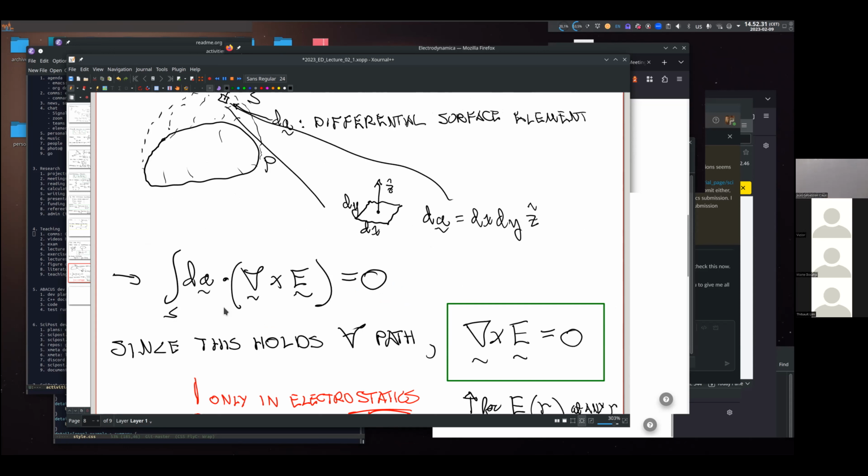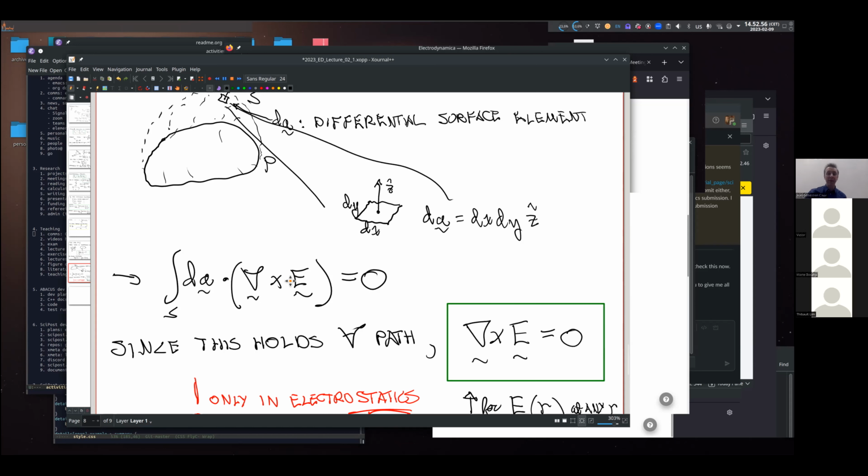But now I'm telling you, for any path you're interested in, I don't care, use whatever. The only way it can be true for absolutely every choice of path is if each time you move your path a little bit, you add 0. And do you see where the curl comes from?